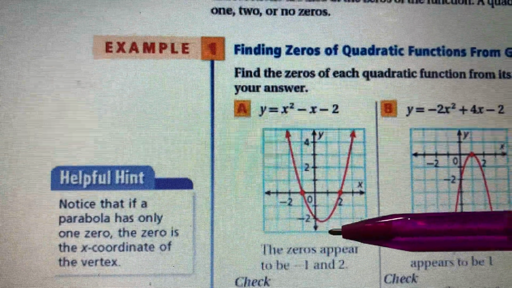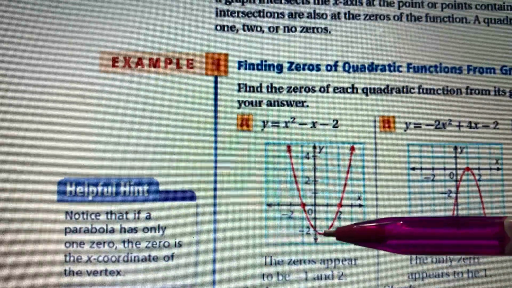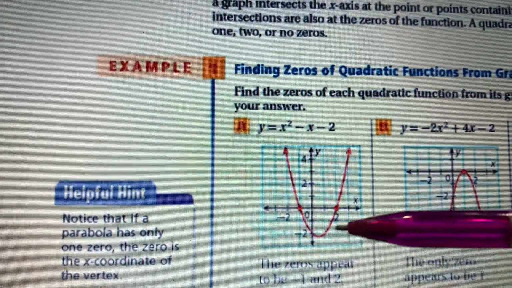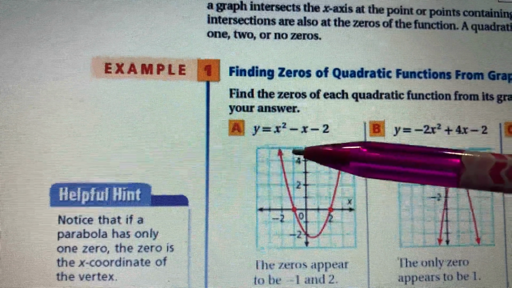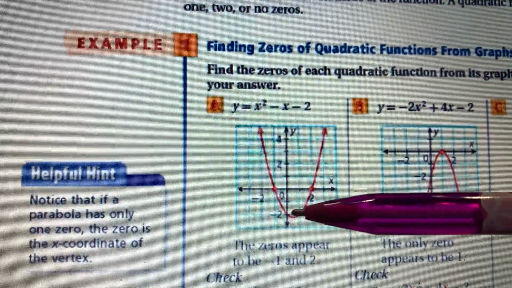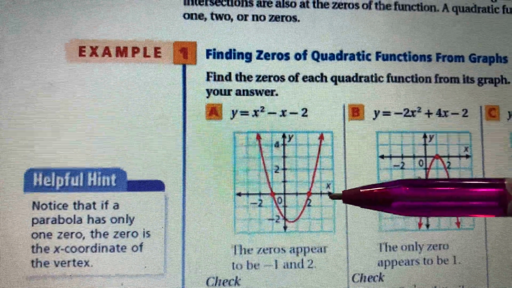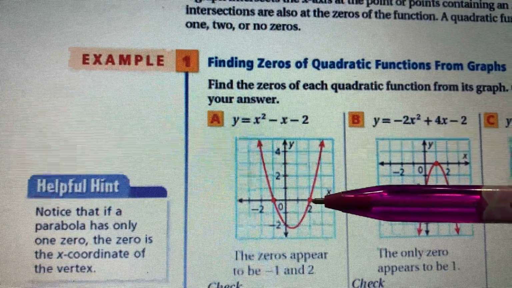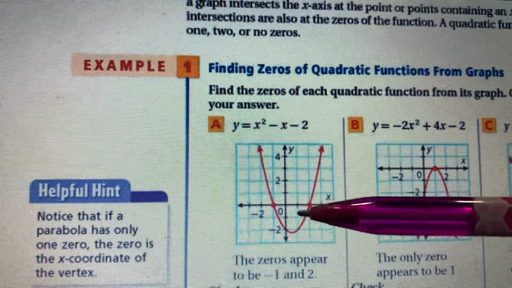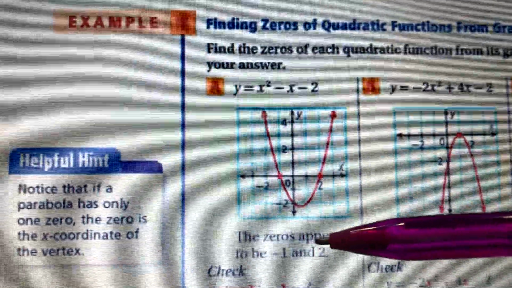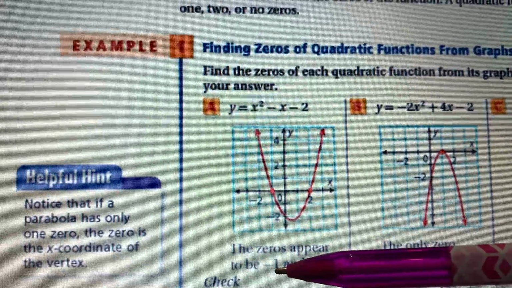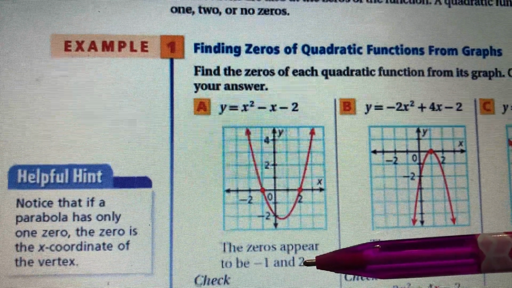In example 1a, the parabola, which is the red curved line, touches the x-axis at 2 and at -1. So the zeros are going to be located at -1 and at 2.